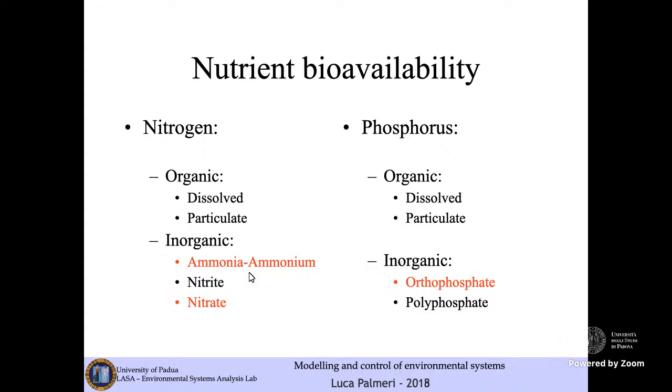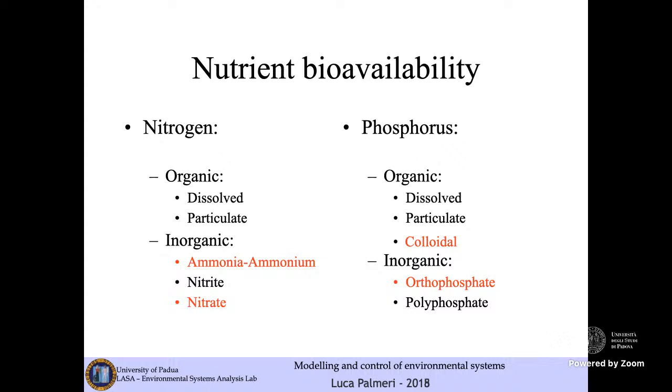Please note that lately it has become evident that there is another form of phosphorus that may be very relevant in terms of nutrient limitation, meaning that it might reduce the limiting effect of the absence of phosphorus, and this form is the colloidal form.